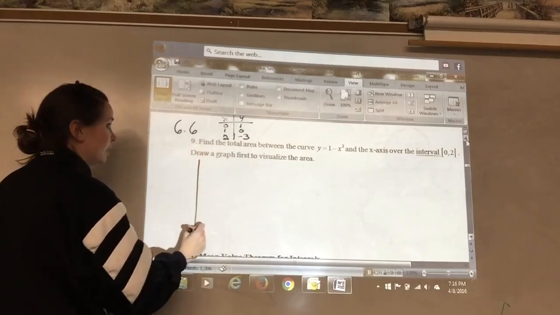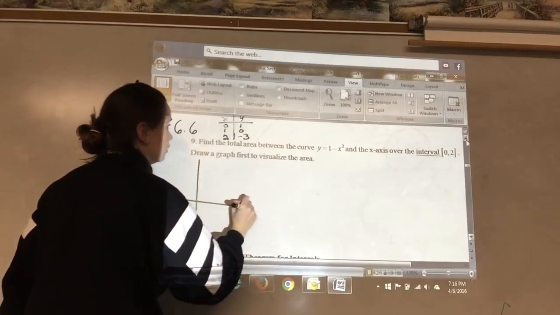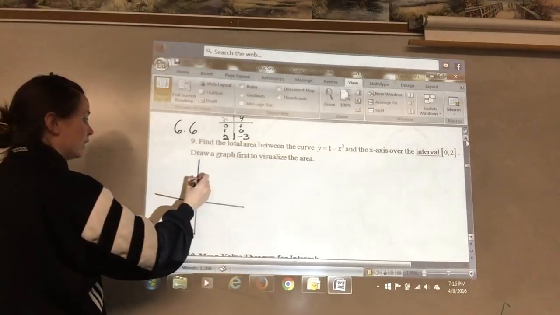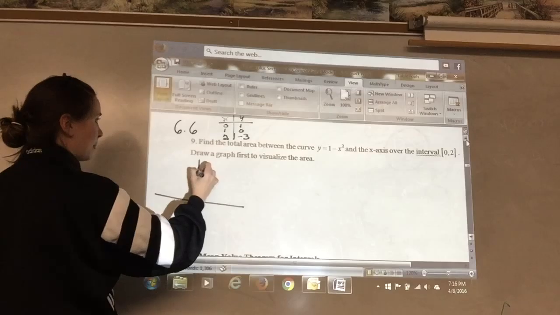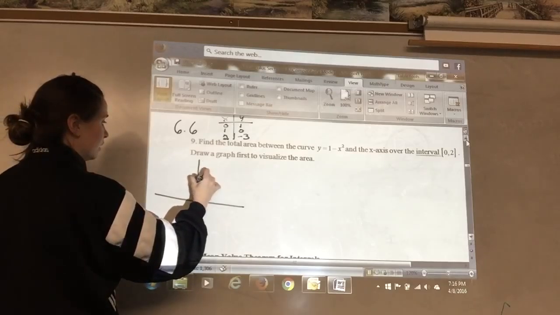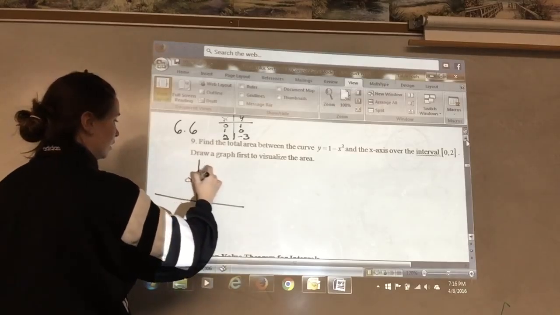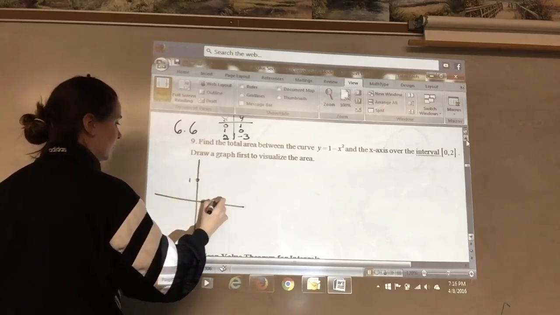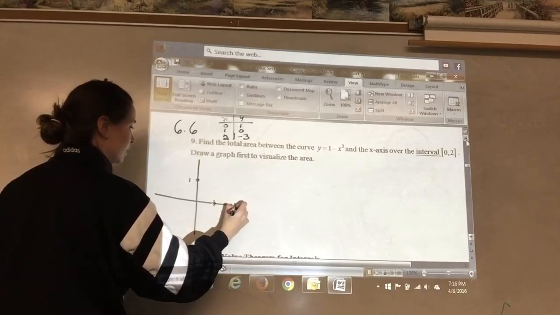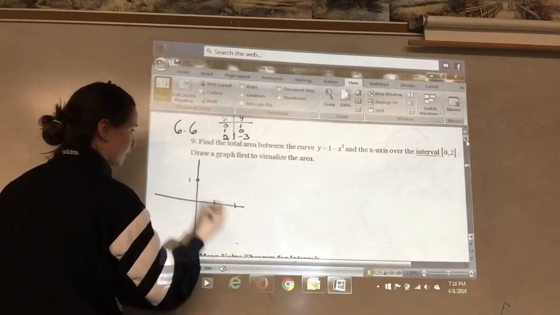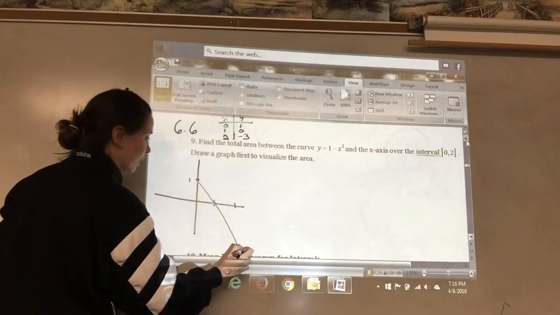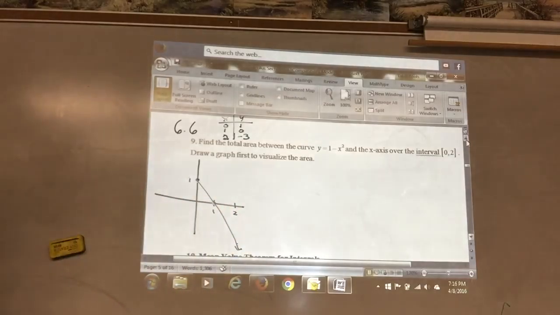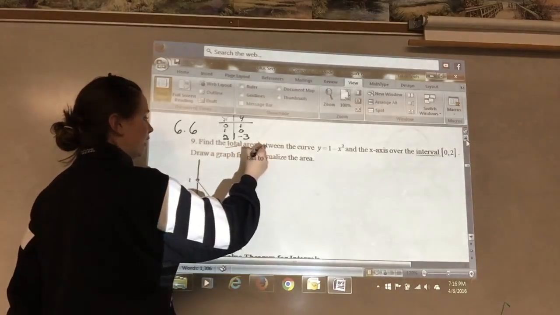So I come over here, and I draw my quick picture. Again, it's a parabola opening downward that shifted up 1, so that makes sense. Something like that. Okay, and it says the total area.